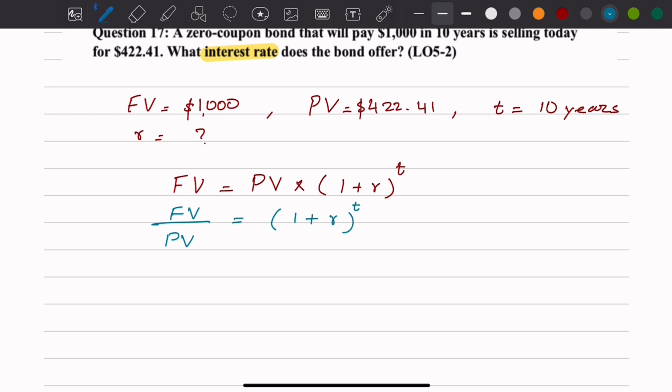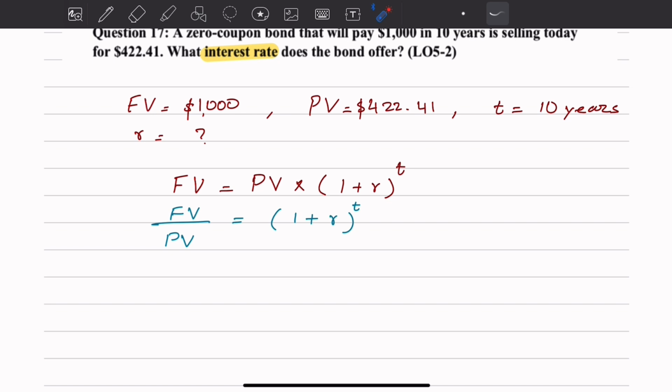If we want to get rid of the power, let's imagine that it is 2. To get rid of it from the right hand side, we would take the square root of this side.